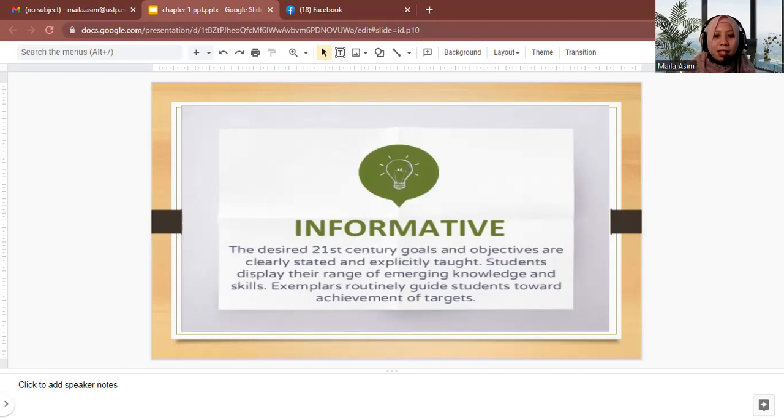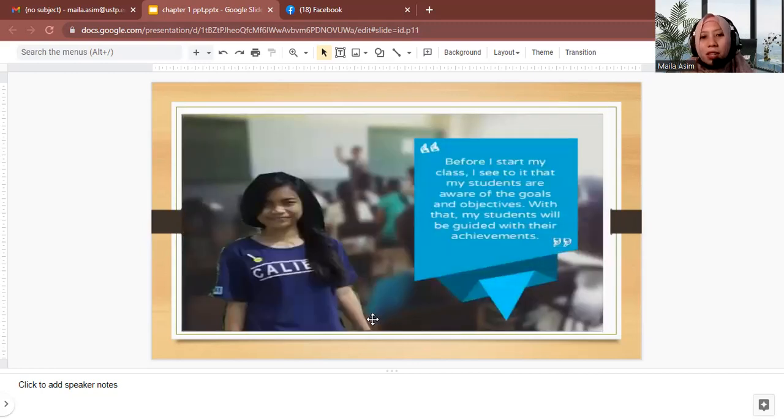Okay? Next is we have the statement of the teacher. Before I start my class, I see to it that my students are aware of the goals and objectives. So with that, my students will be guided with their achievements. So as you can observe kanina, I have mentioned the objectives that kinahanglan ninyo i-attain, i-achieve after adding ato ang discussion.